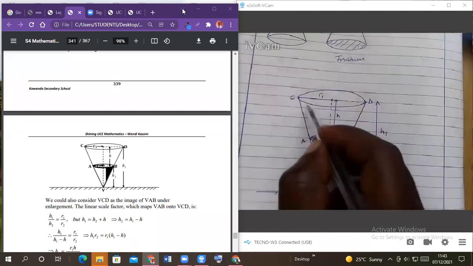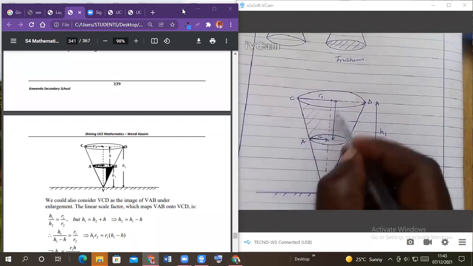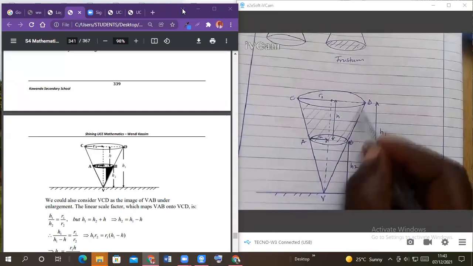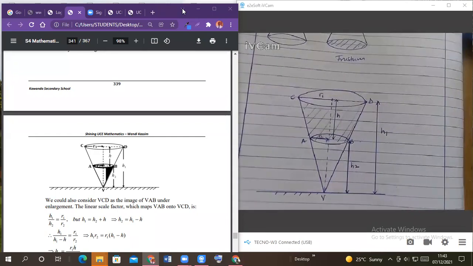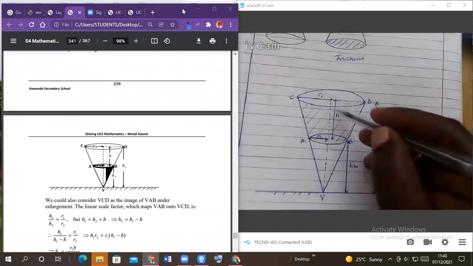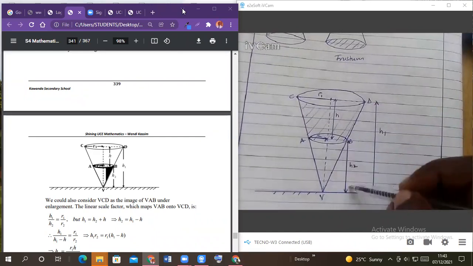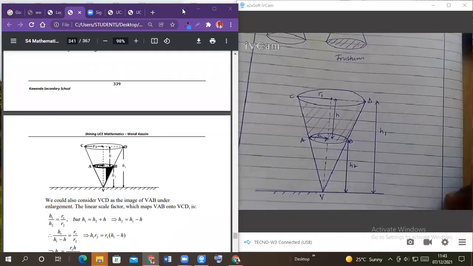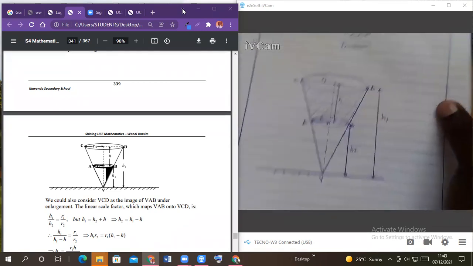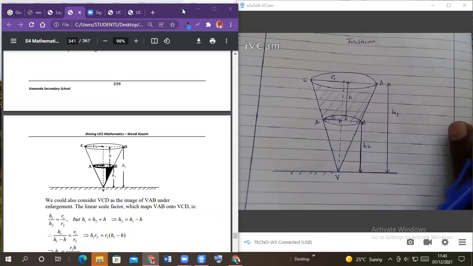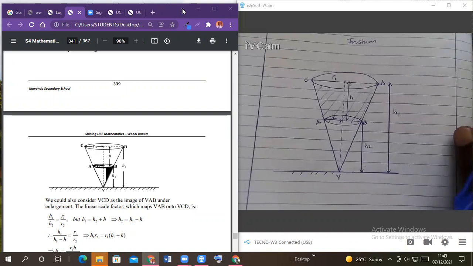This is the frustum we are talking about. We find its height by subtracting H1 minus H2. But to do this, we have to use the properties of enlargement.